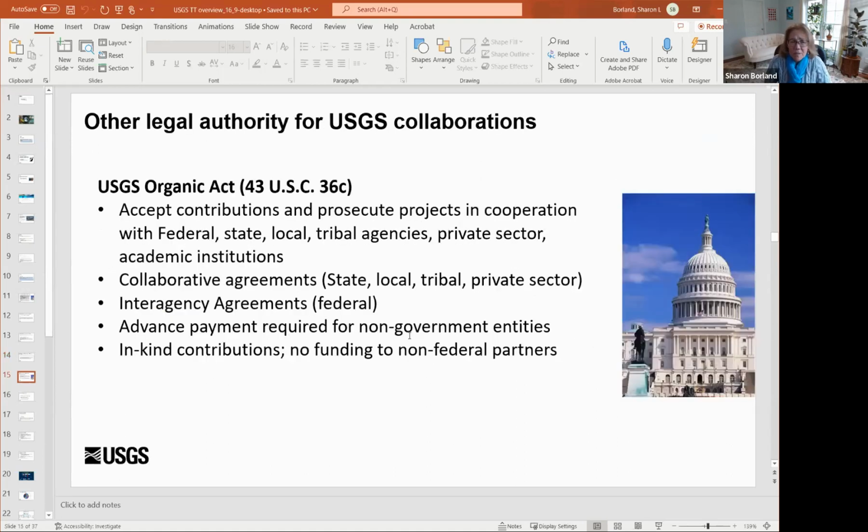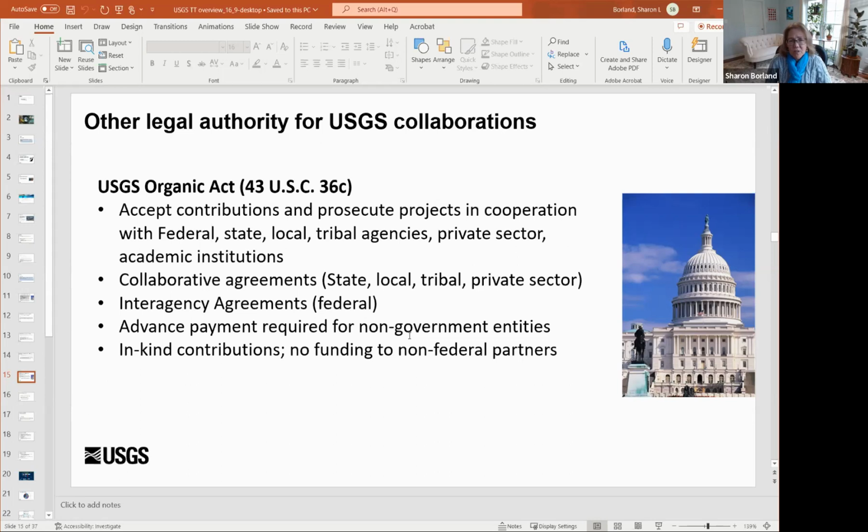Okay, so that's pretty much it for the authorities that apply to all federal laboratories, all government-owned and government-operated federal laboratories. I'll now discuss another legal authority that the USGS has that authorizes collaborations.